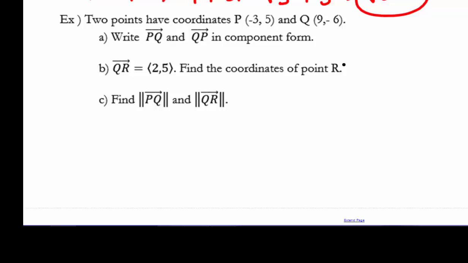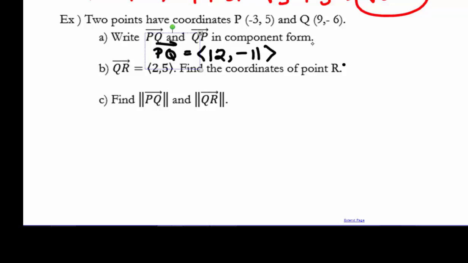All right, hopefully you pressed pause. And if you did, when we come back, PQ in component form is going to be, well, how far is it to get from P to Q? I'm going to count in my head here and say PQ goes from x equals -3 to x equals 9. -3 to 9 means I went right 12, and 5 to -6 means I went down 11.